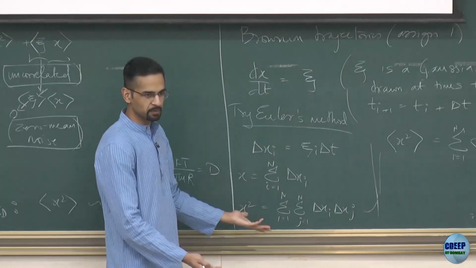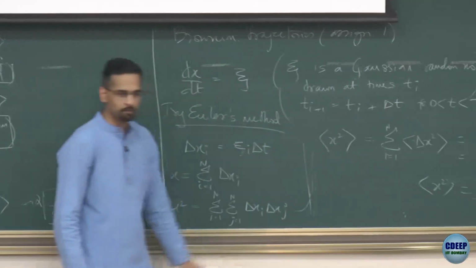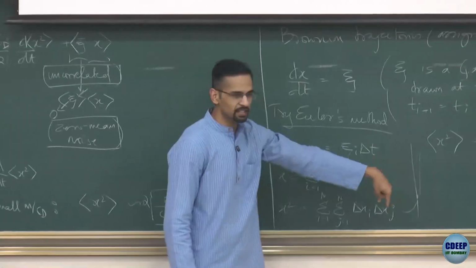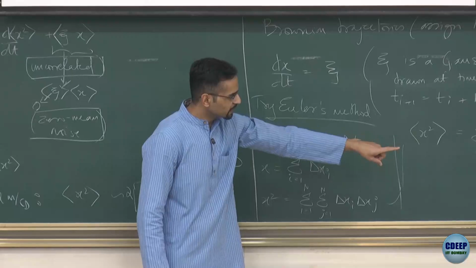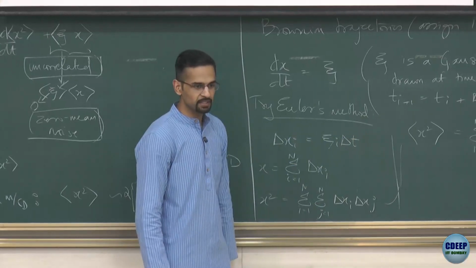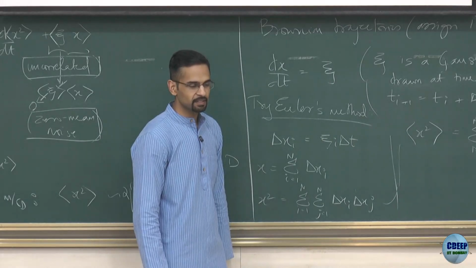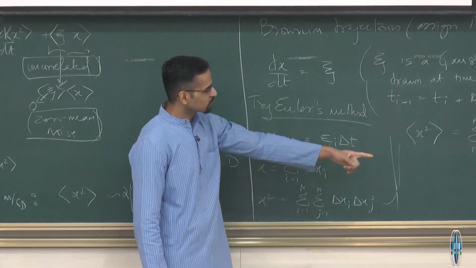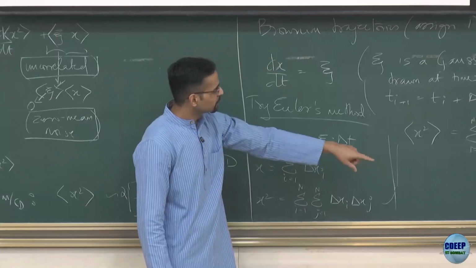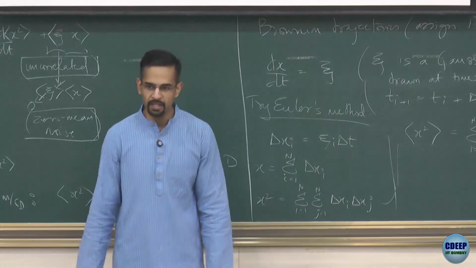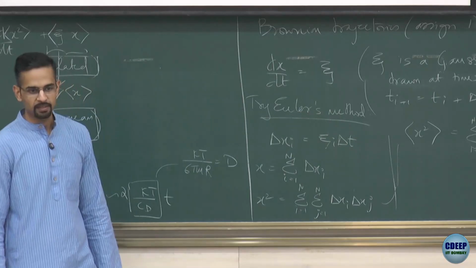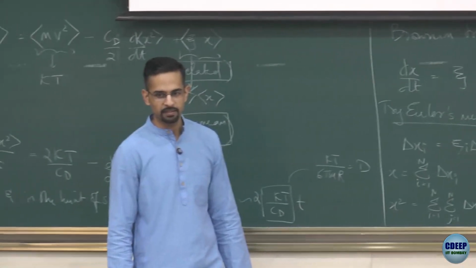There's nothing else in the problem. This will definitely happen. The only way to remove the n is if the variance of zeta squared is made like n, and that will happen if the variance of zeta squared has a 1 by delta t, because delta t is T by n.